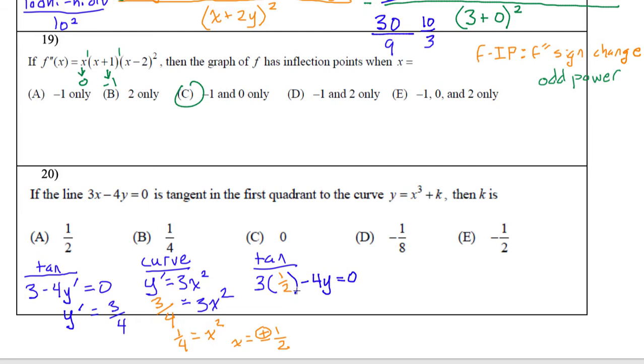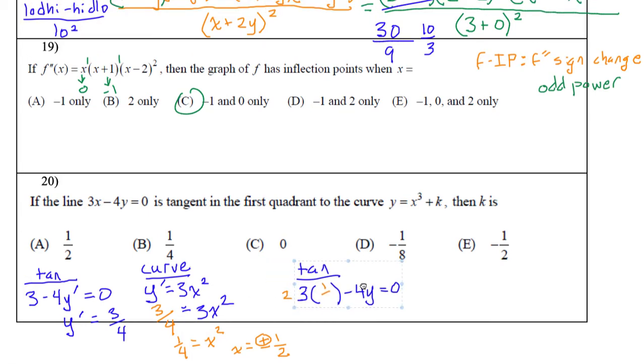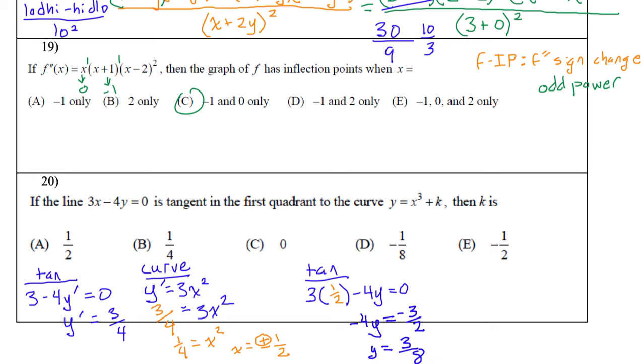I'm trying to find my y coordinate from doing all this work, and I'm realizing I'm running out of room, so I'm going to move all of this guy, get the 2 as well, over to the right a little bit more. And I have 3 halves. I'm going to move that over to the right-hand side, so I'm going to have negative 3 halves is equal to negative 4y, which means my y is equal to, divide both sides by negative 4, and I'm going to get a positive 3/8.